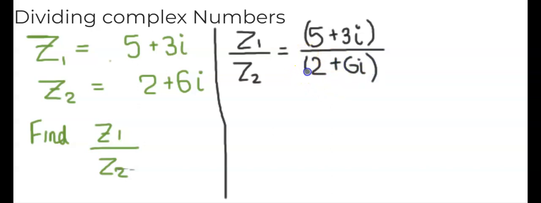Put brackets. The next thing you need to do is only focus on the bottom one. Bottom is 2 plus 6i. So what you need to do is write down the conjugate of the bottom.